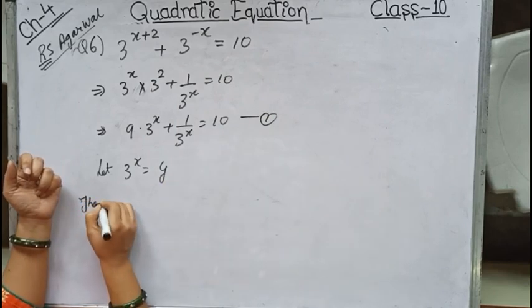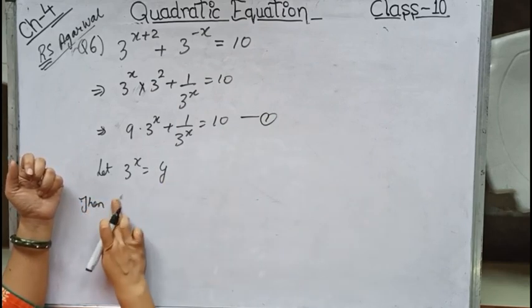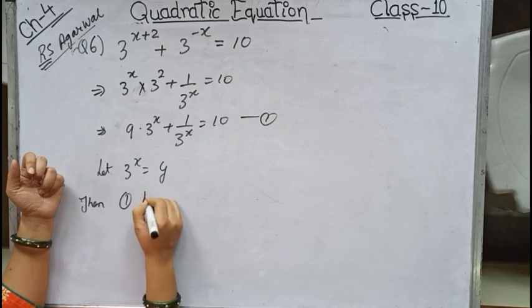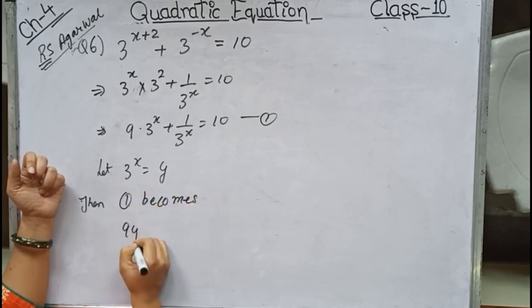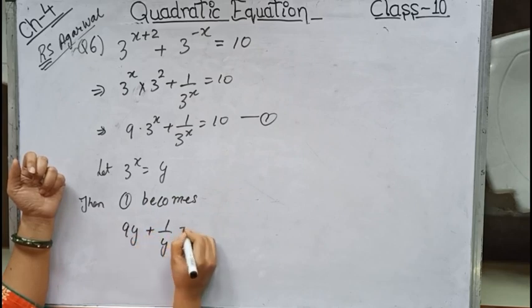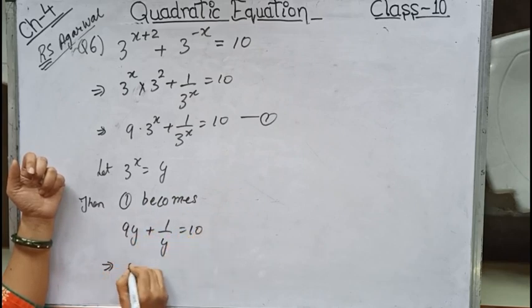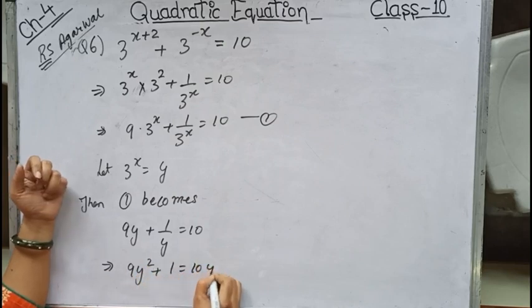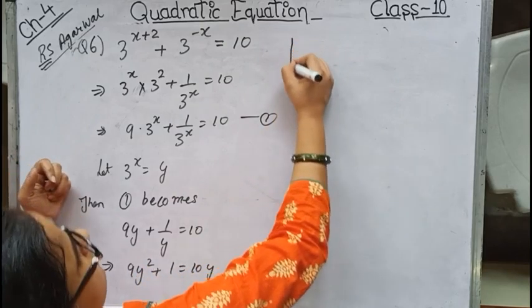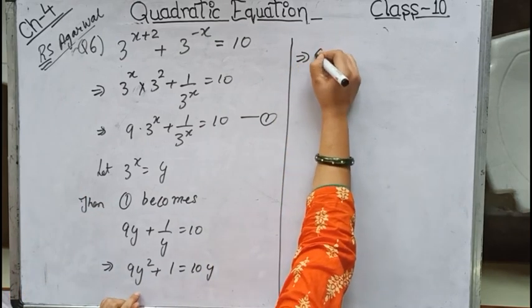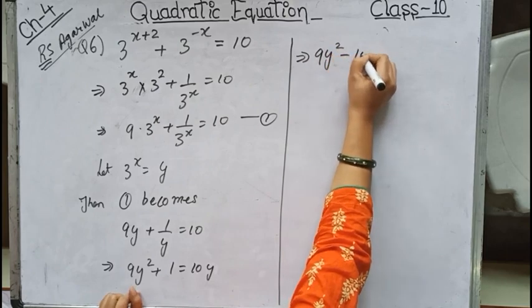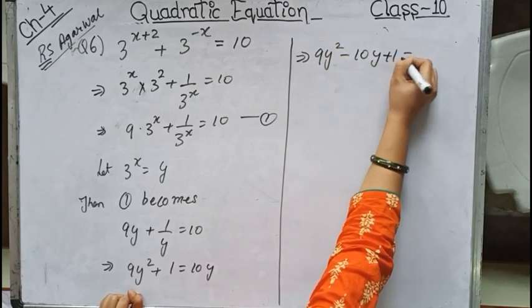Then it becomes 9y plus 1 by y equals 10. This implies 9y square plus 1 equals 10y. This implies 9y square minus 10y plus 1 equals 0.